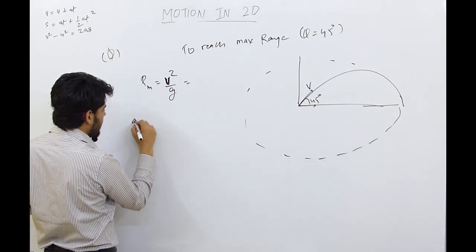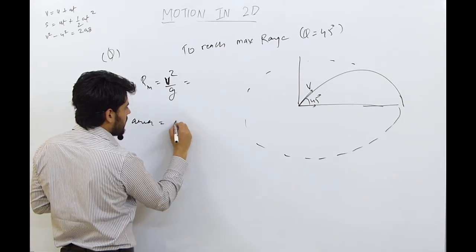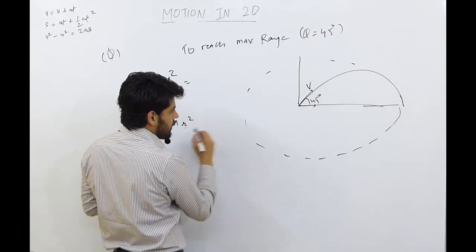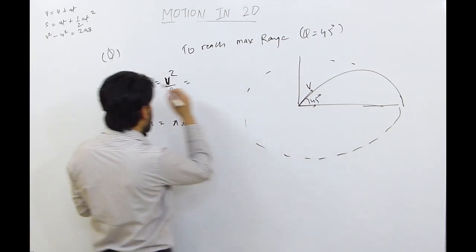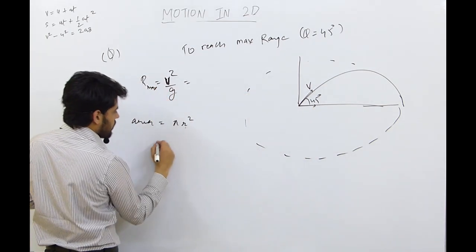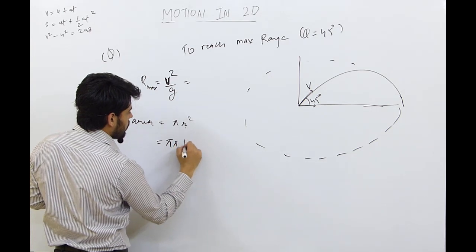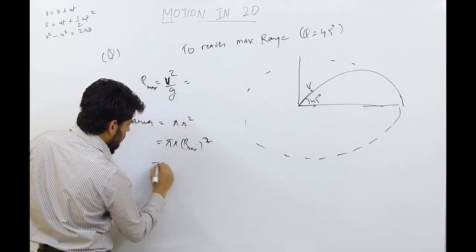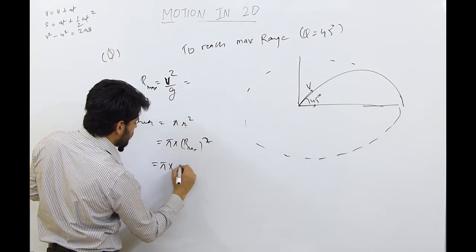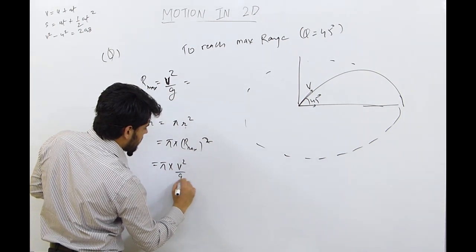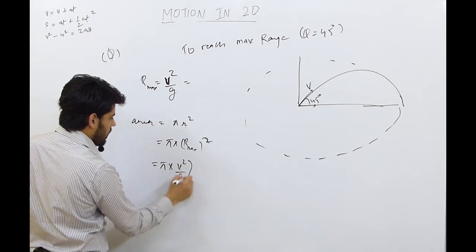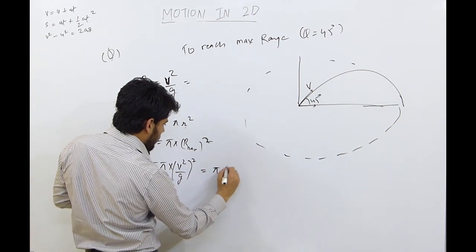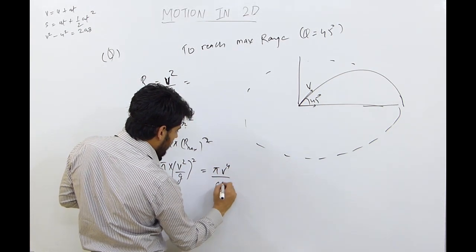The area covered will be pi r square. The radius of this circular path is the same as the maximum range, so it equals pi into R max का whole square. So pi into v square by g का whole square, so it equals pi v power 4 by g square.